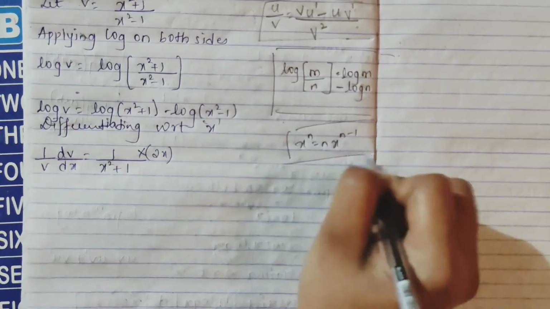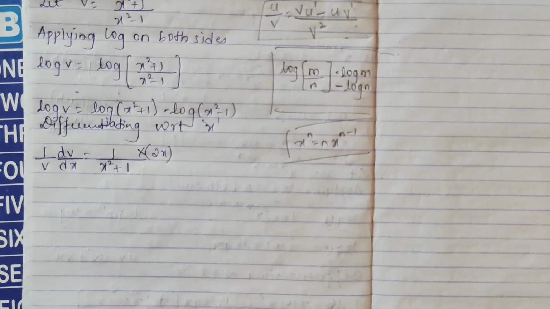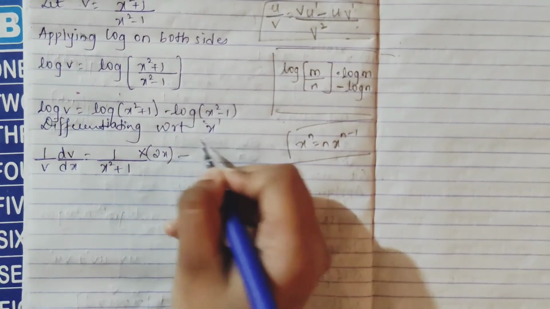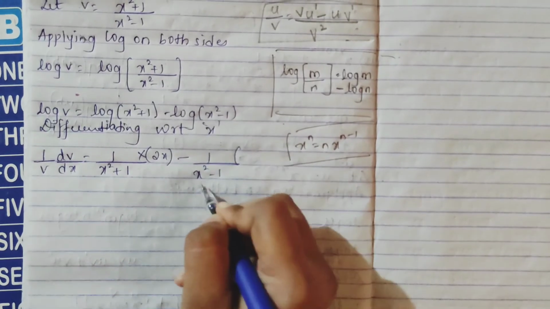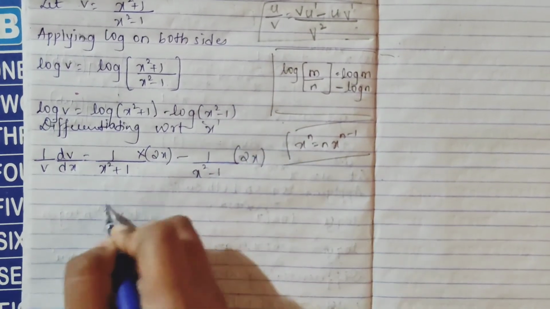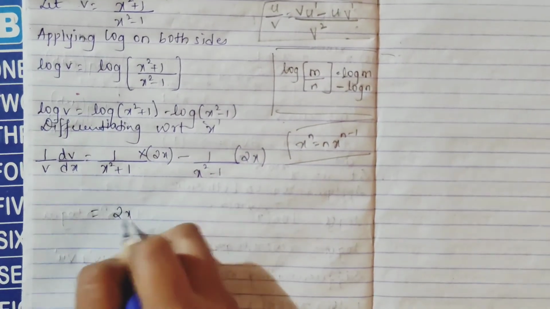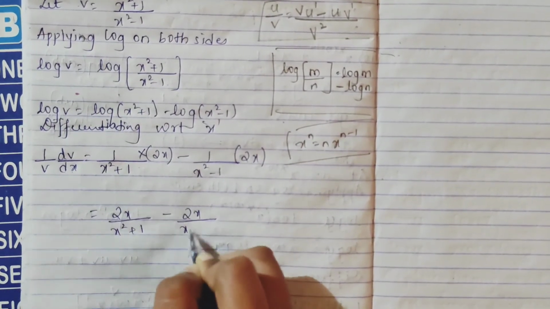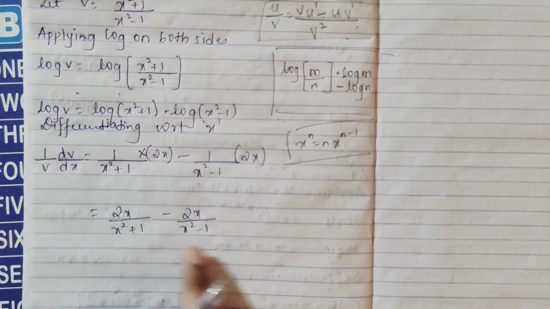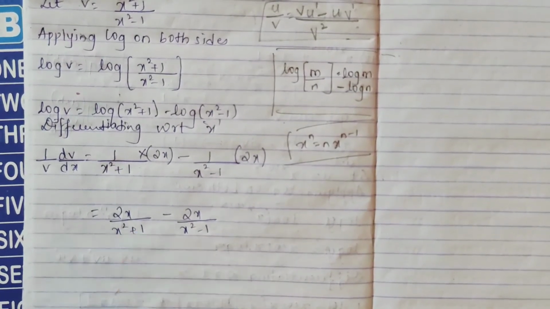So in the same way this will be 2 x raised to 2 minus 1 is 1. Here minus, this is all the same, log x differentiation is 1 by x, again interior x square is 2x. So simplified, this will be 2x by x square plus 1, minus 2x by x square minus 1. So you can take it as LCM and solve it.